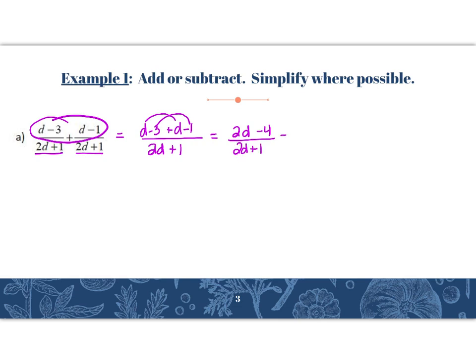And then to see if we can simplify, we've got to factor, if we can. In my numerator, I get 2 times d minus 2, all over 2d plus 1. And that is my final answer. There's nothing there to simplify. There are no common factors on top and bottom. So that's it.